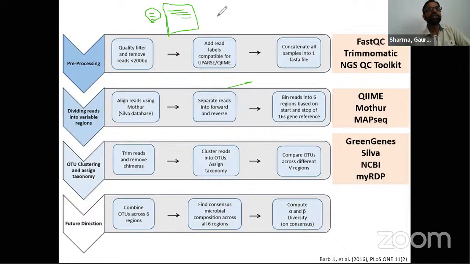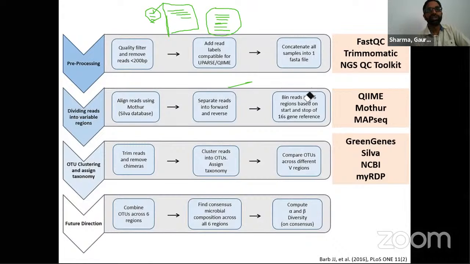Sometimes if we directly want to go ahead with these small reads, we try to align them and see which are the representative ones for each of them. Okay, so that's how we do it for all of these.